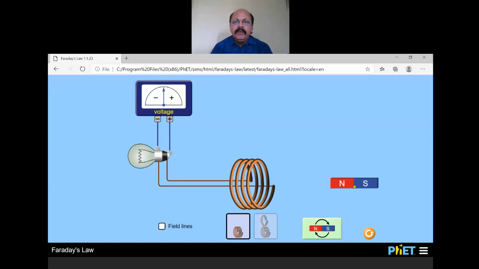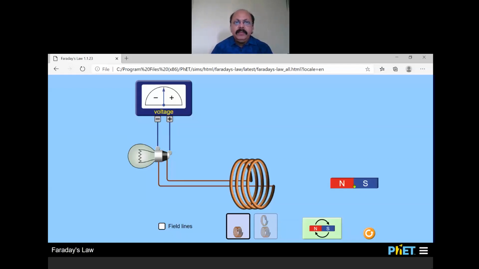Because as we are moving the magnet with its north pole towards the coil or the south pole towards the coil, what happens? Then magnetic field lines cross or pass through the coil, as a result of which there is a change in magnetic flux. So as we move the north pole of the magnet towards the coil, the magnetic flux linked with the coil increases.